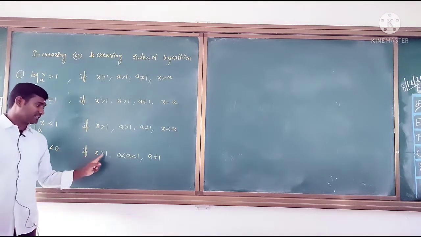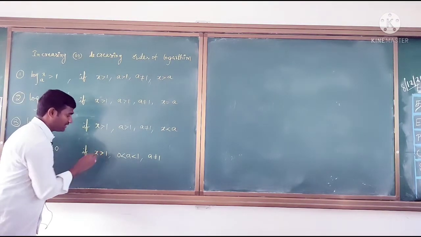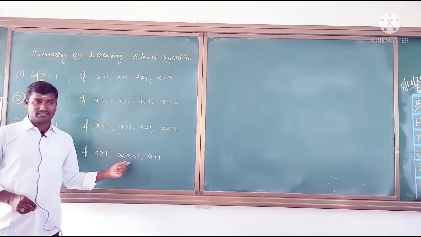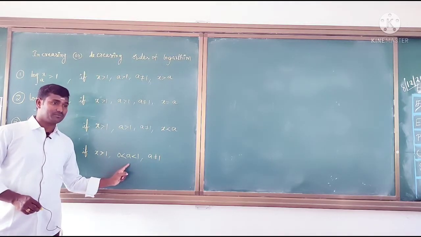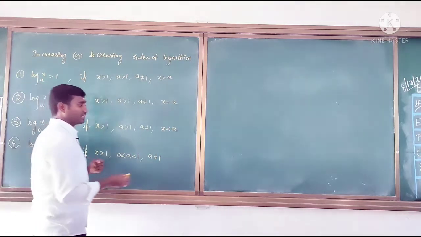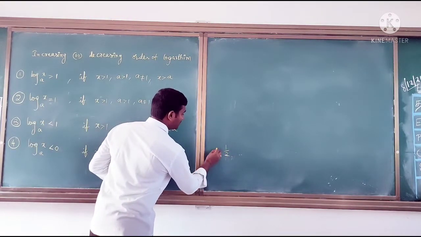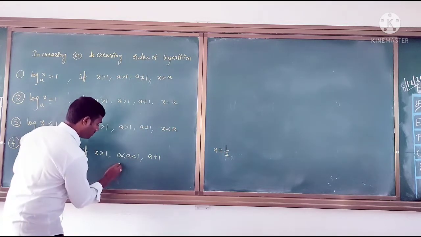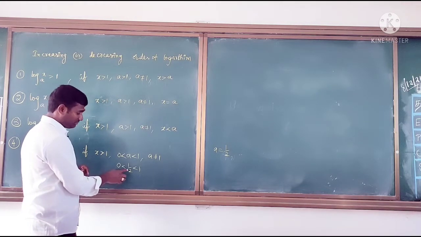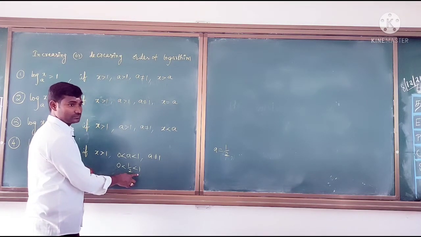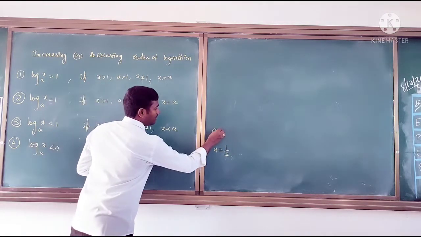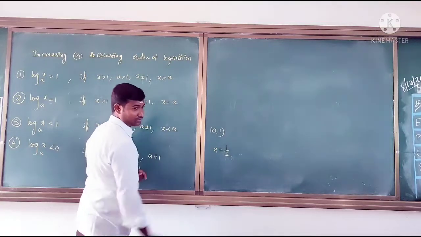Here a value lies between 0 and 1. Suppose if you take a equal to 1 by 2, then 0 is less than 1 by 2 less than 1. So the a value should lie between 0 and 1. It is not equal to 0, it is not equal to 1.